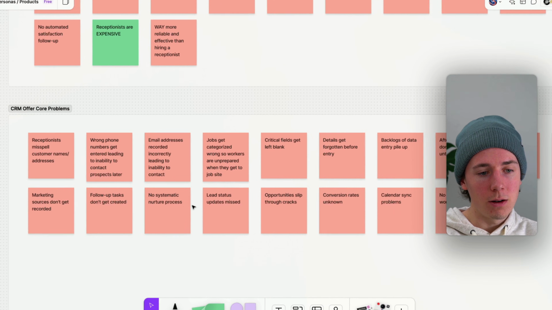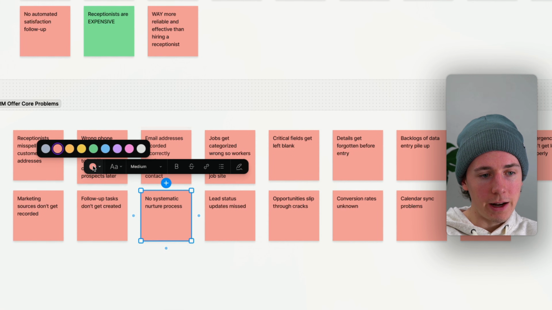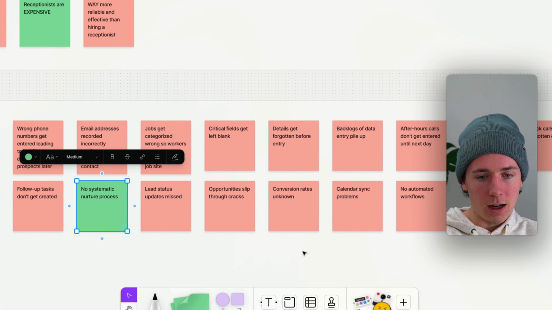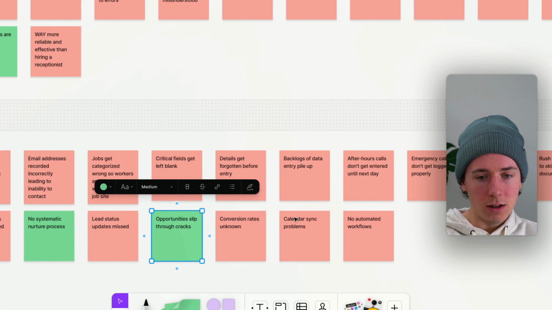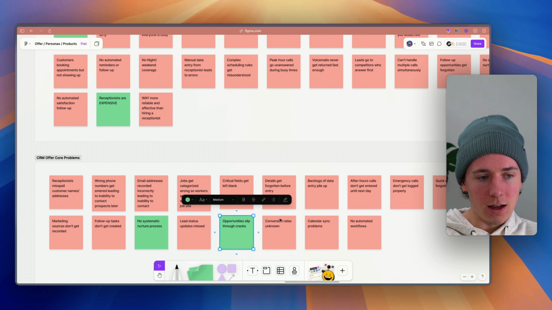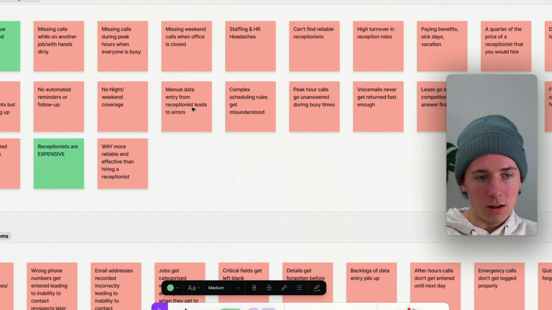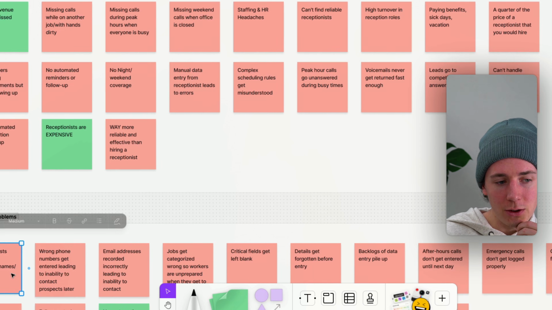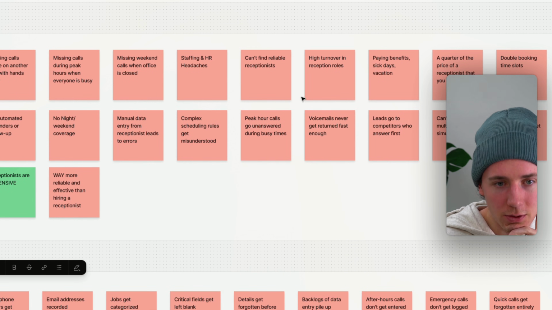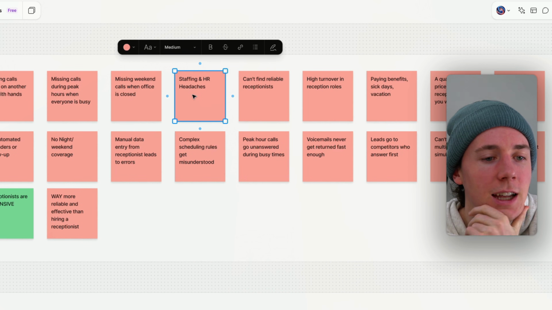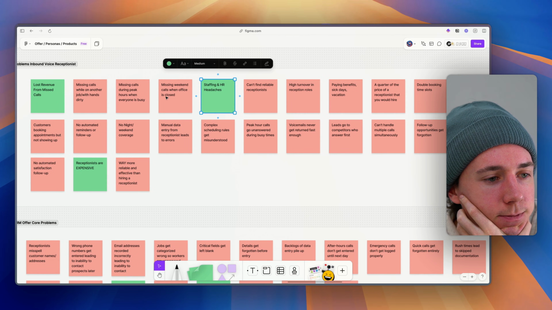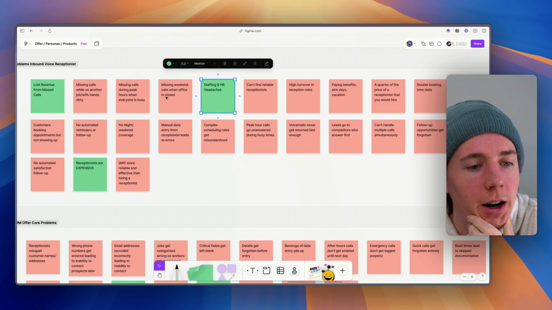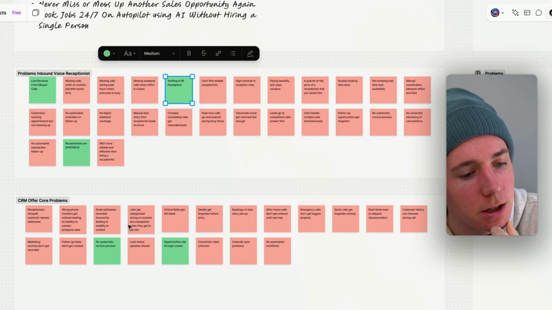No follow-up, no systematic nurture follow-up. Opportunities slip through the cracks. And then I don't actually think manual data entry is that huge of a problem. Staffing and HR headaches. All right, so I think that's going to be our core six problems.